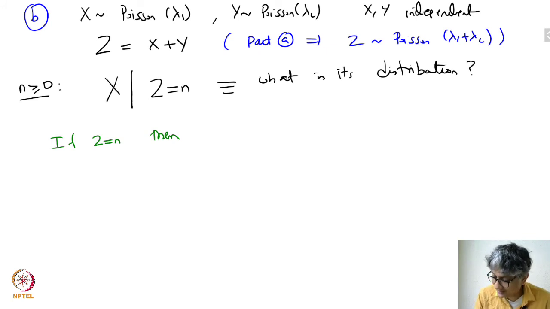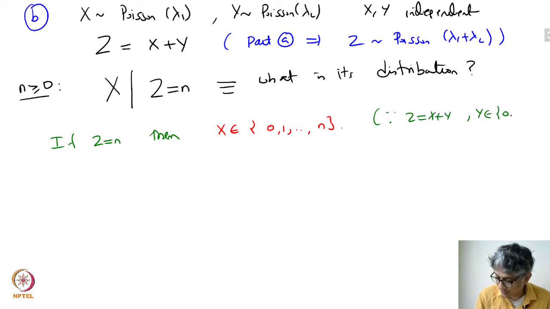Then X can only take the values X belongs to 0, 1, up to N. X can't take values more than that. This is because Z is equal to X plus Y, and Y is also already in 0, 1 and so on.